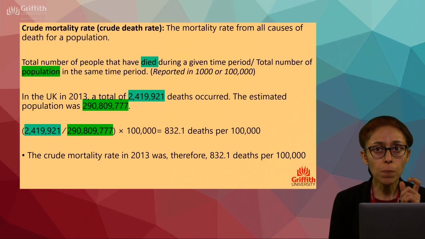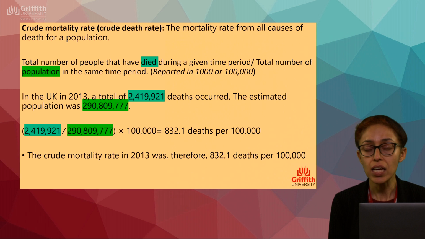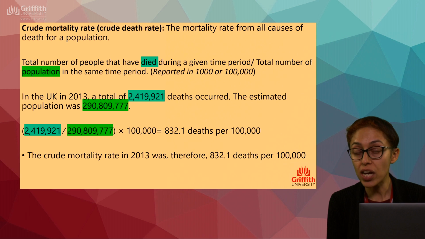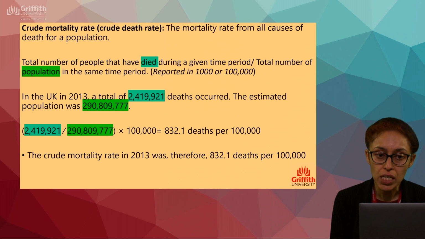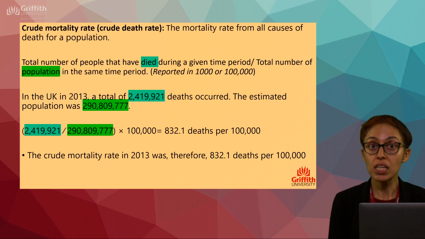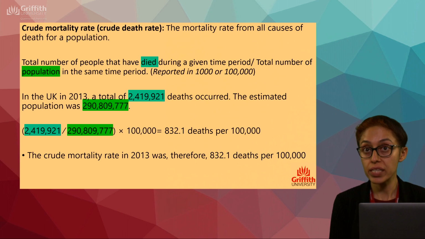Now what does the term crude mean here? It means it is not adjusted for anything. It is not age adjusted or sex adjusted, meaning we are not saying that irrespective of people's age or sex or gender, this is the mortality rate. There is no adjustment taking place. Therefore, this is a crude mortality rate or crude death rate.